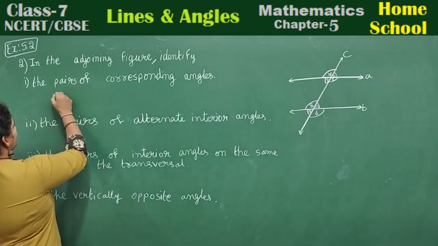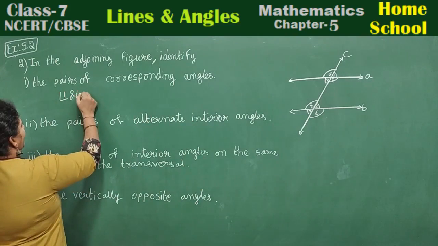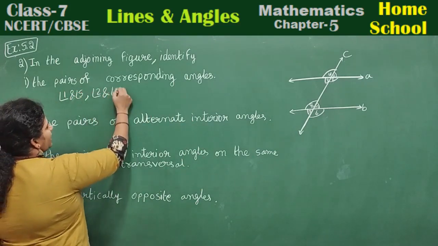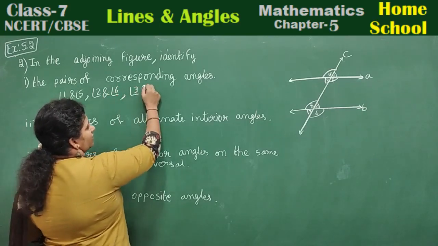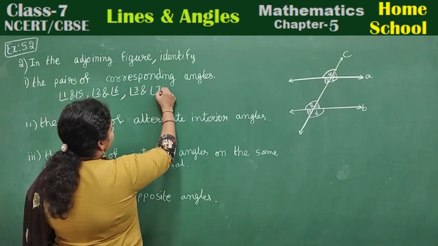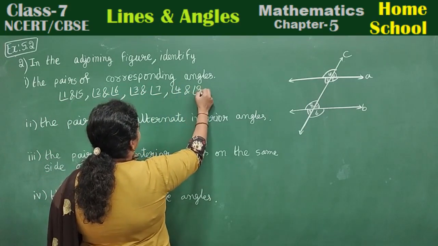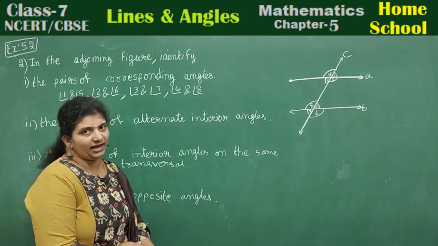Let's write here the solution for this. Angle 1 and angle 5, angle 2 and angle 6, angle 3 and angle 7, angle 4 and angle 8. These are the pairs of corresponding angles.